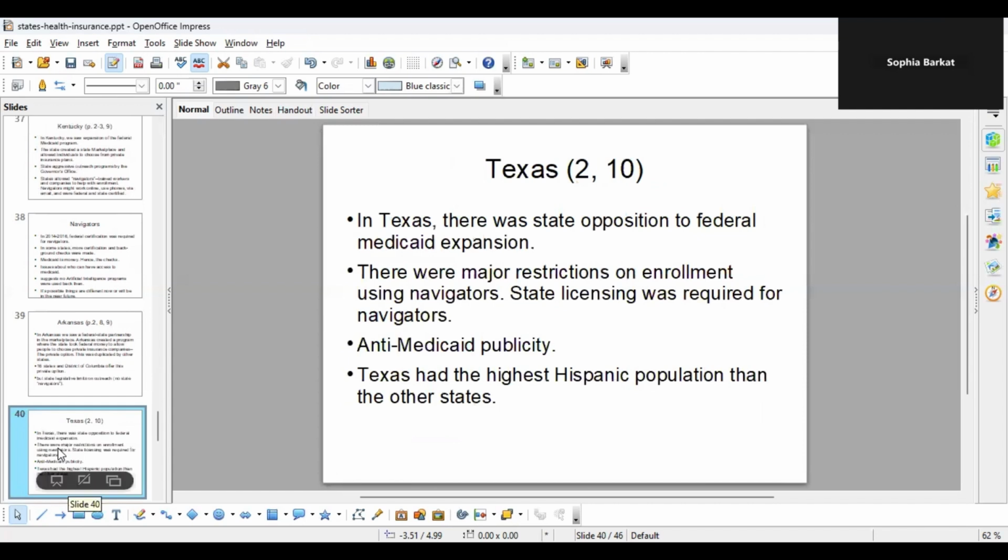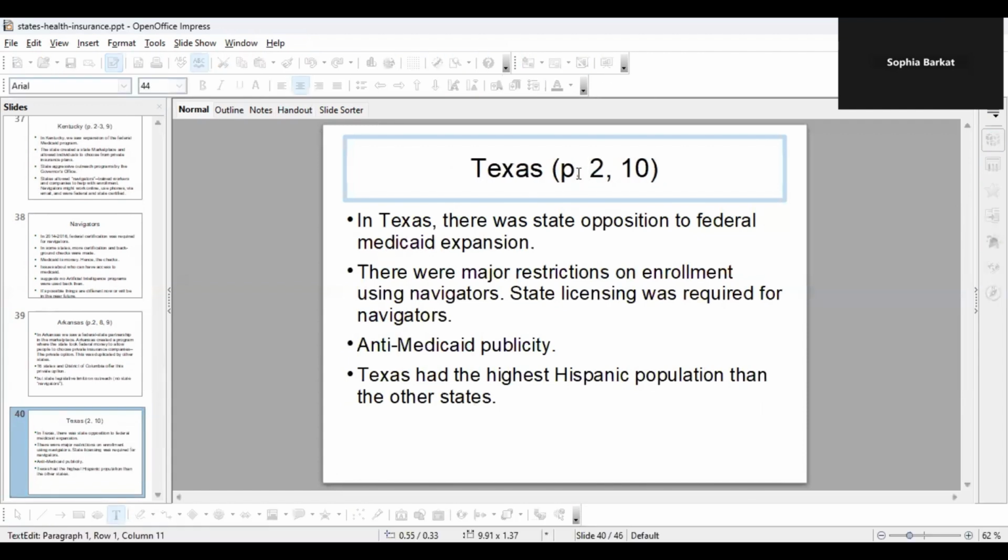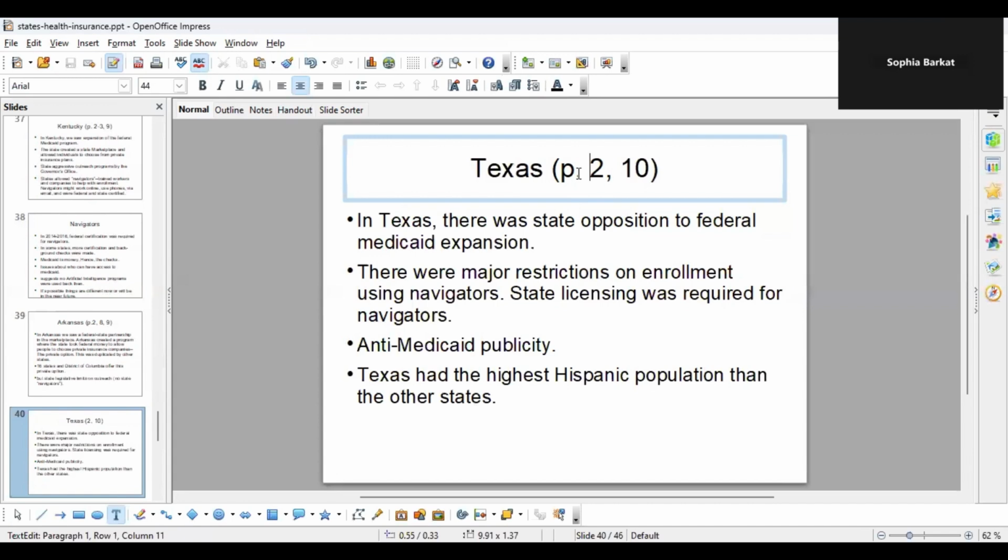In Texas, we see the most state opposition to federal Medicaid expansion. There were major restrictions on enrollment using navigators. State licensing was required. There was a lot of anti-Medicaid publicity.